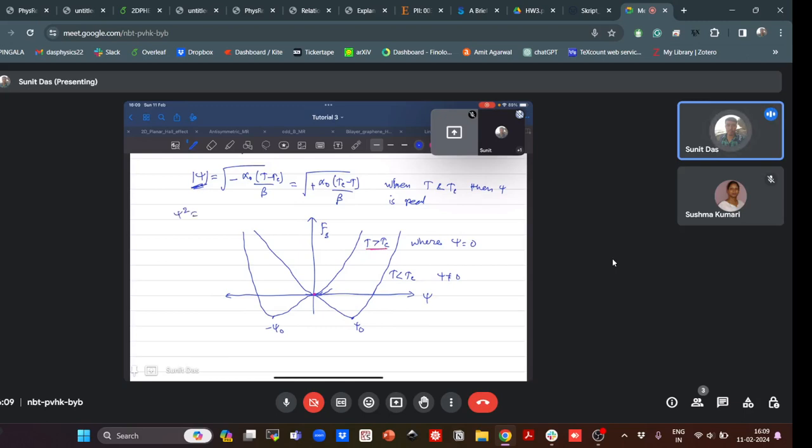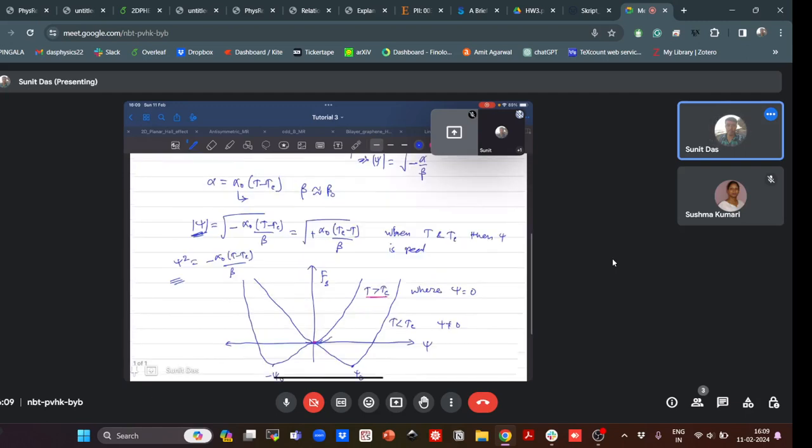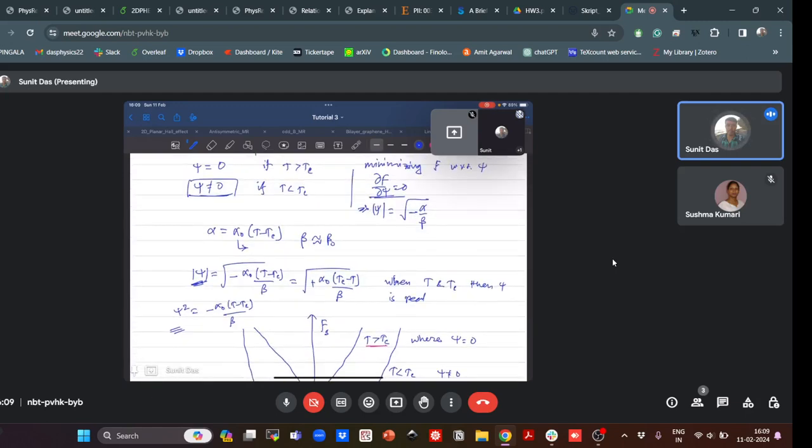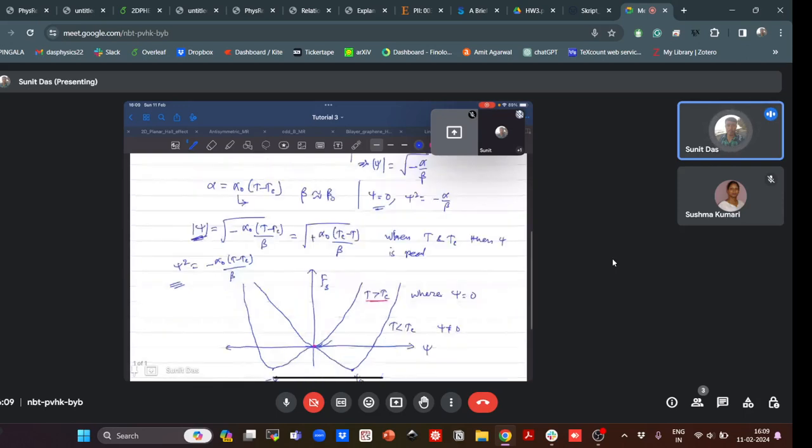Otherwise, we got psi squared to be minus alpha 0 (T minus Tc) by beta. So actually we have three solutions: either psi equal to 0 or psi square equal to minus alpha by beta. Psi equal to 0 is for this case, and for T less than Tc there is one solution here, 0, but this is not the stable solution, right?